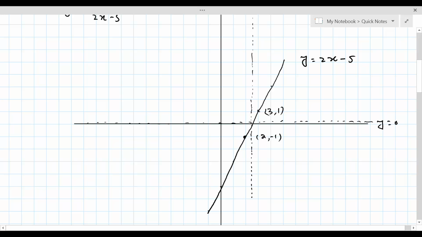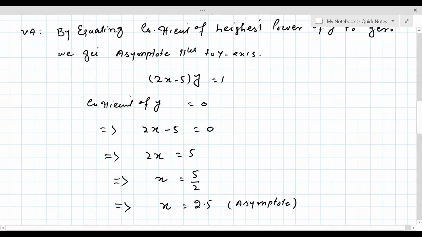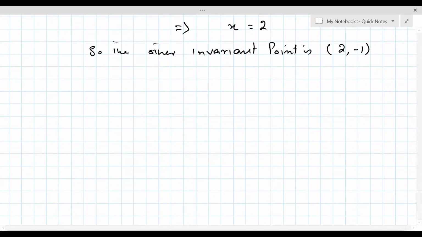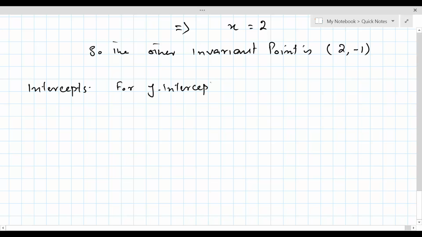Let's also find out what the intercepts are. For the y-intercept, let's put x equal to 0.